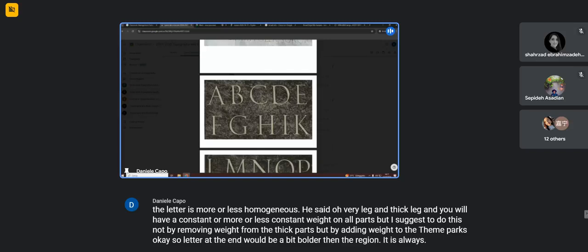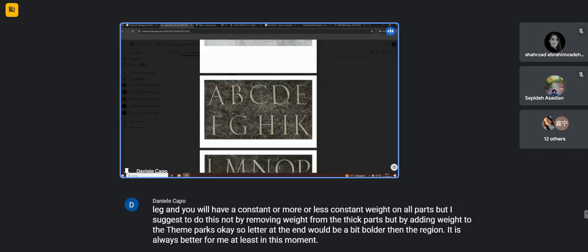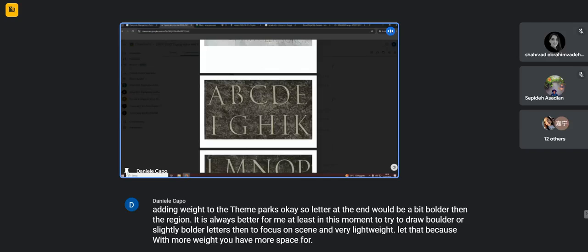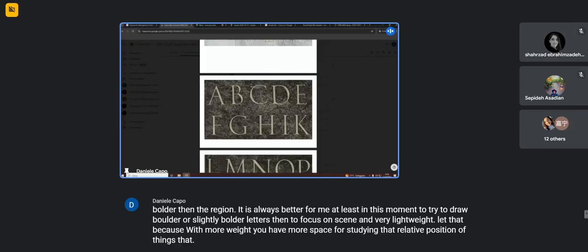It is always better for me, at least in this moment, to try to draw bolder or slightly bolder letters than to focus on thin and very lightweight letters, because with more weight, you have more space for studying the relative position of things, the distribution of weights, or the connection between parts.